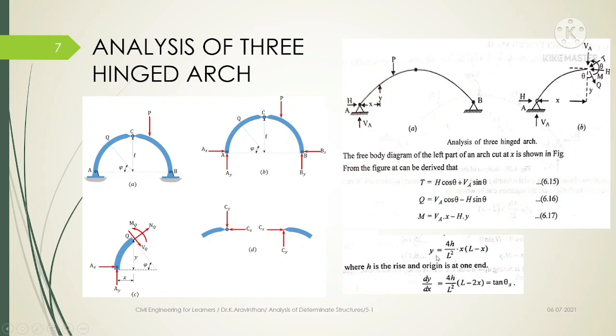So in order to find y, you need three components. What are they? H, that is the distance between the crown and the horizontal axis, and second thing is the span between A and B, and third thing is the distance x. So by using these three components, you might be able to find the y for any parabolic arch.